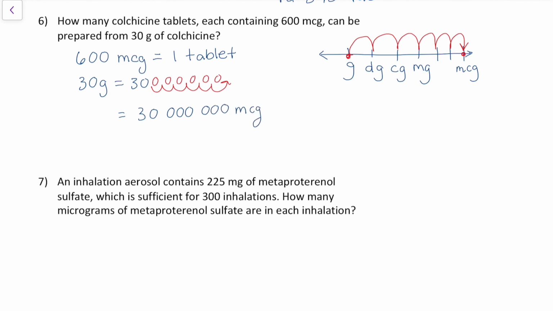So I have 30 million micrograms of colchicine that I can use to make tablets. And so I'm going to divide that by 600 per tablet. And I get 50,000 tablets.